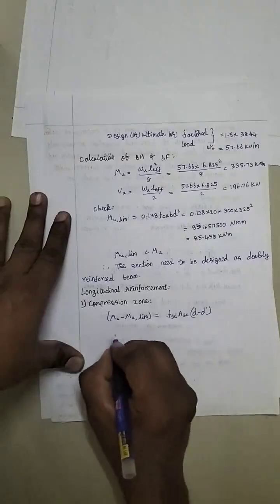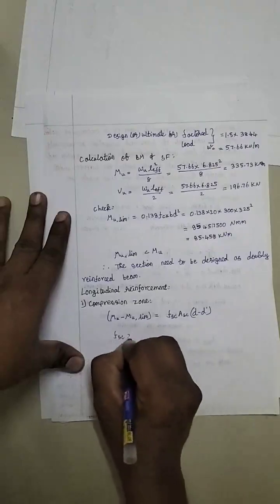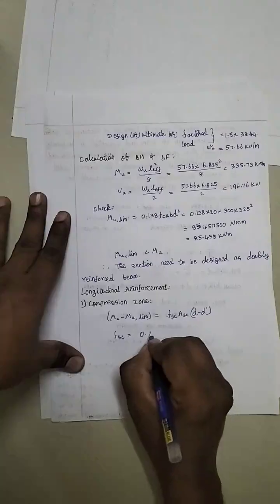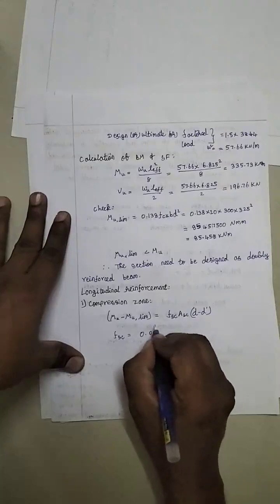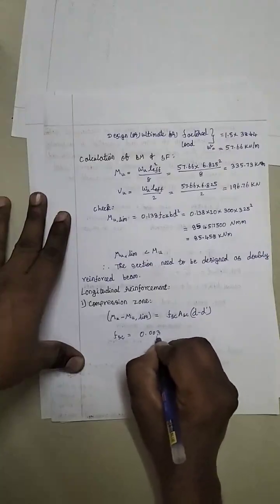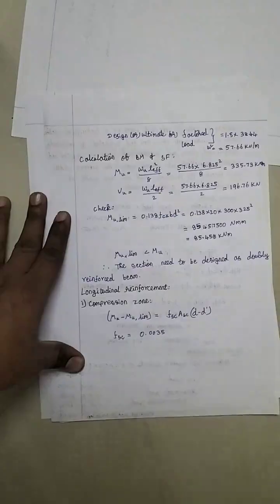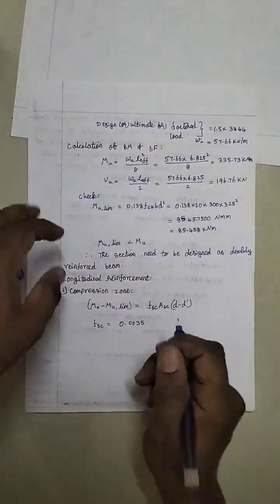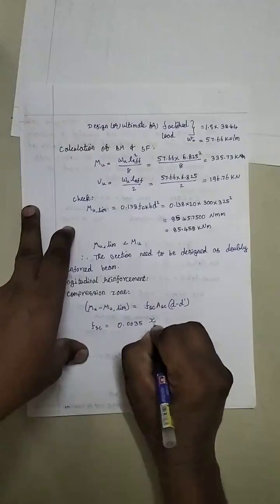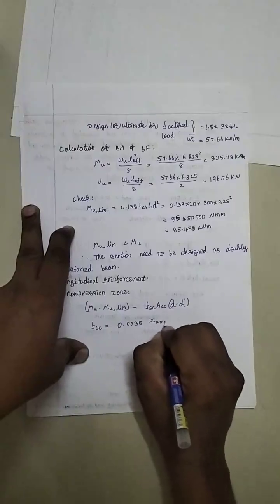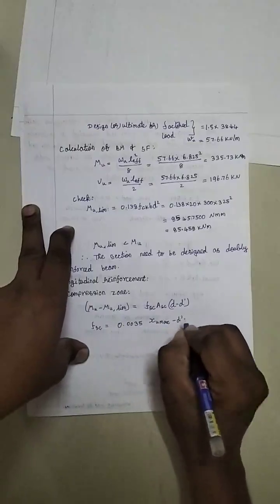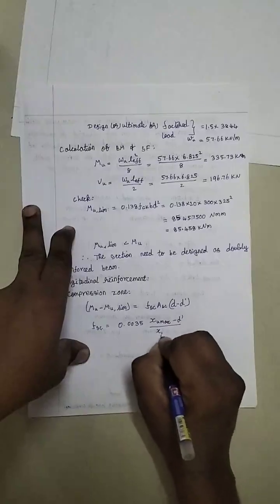So in order to calculate the FSC value, we have the formula, that is by relating the strain with the stress of the concrete. So the strain value is 0.0035 (XU max minus D dash) divided by XU max.